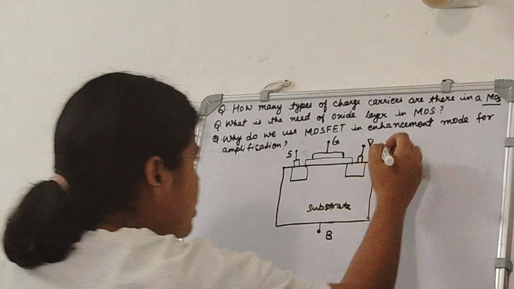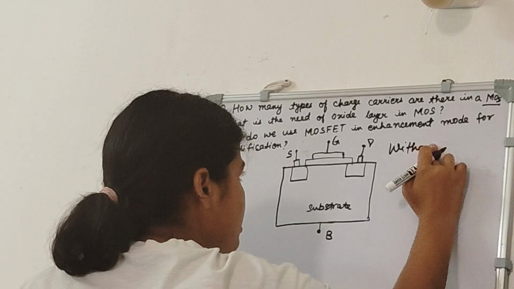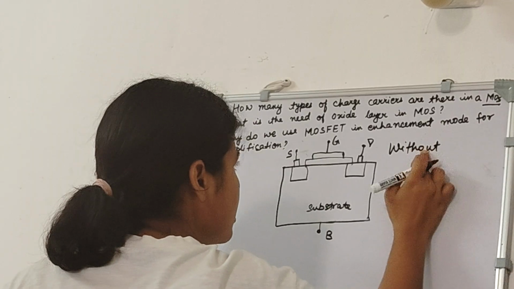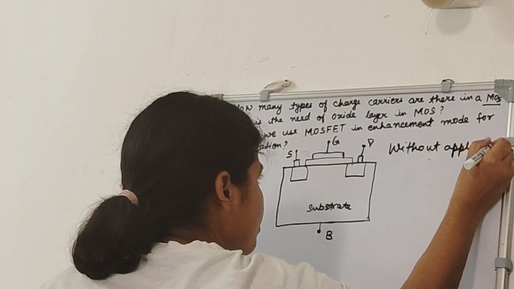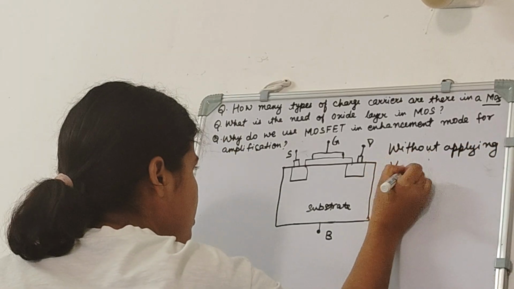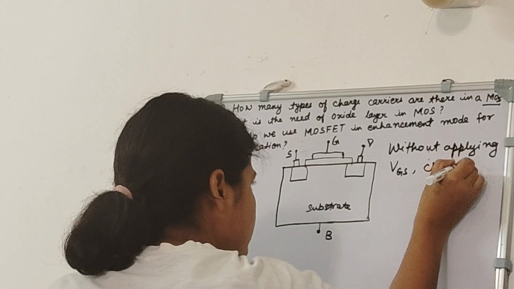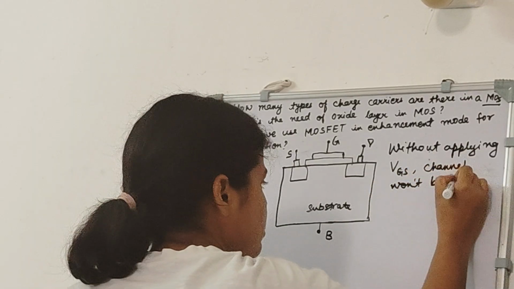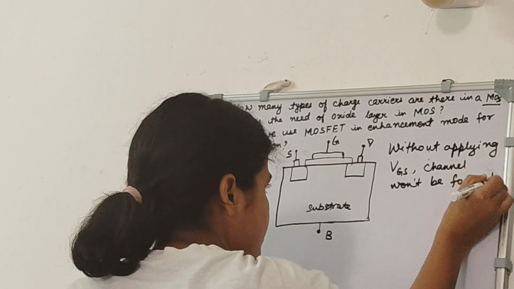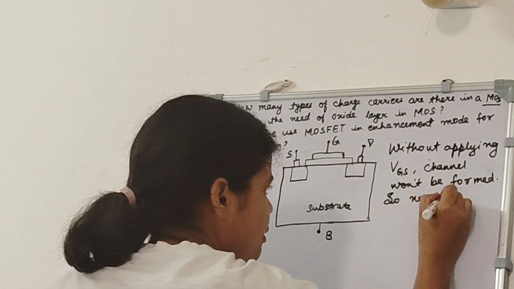That is, without applying VGS, channel won't be formed, so no current will flow.